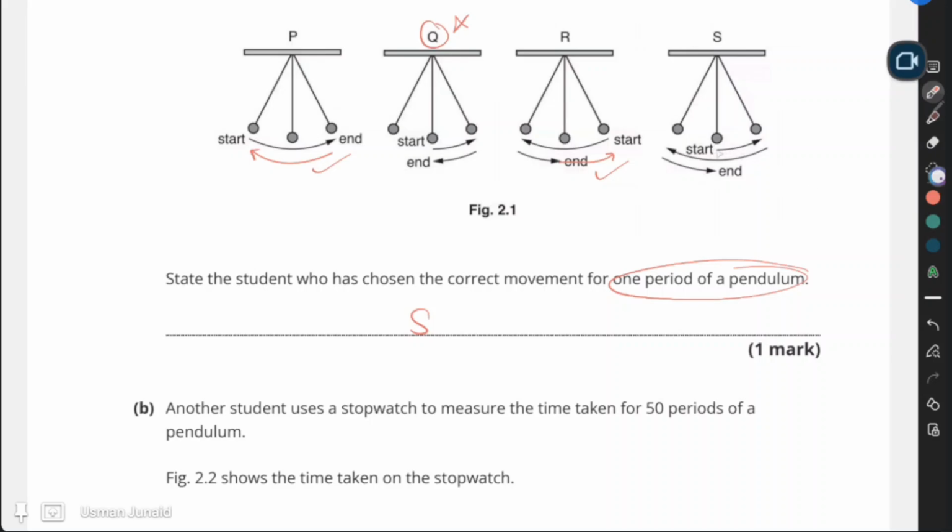So it should end where it started. Here it's ending at the center and it started at the center. If it started from the right and ended at the right, it would be right. If it started from the left and ended at the left, it would have been right.